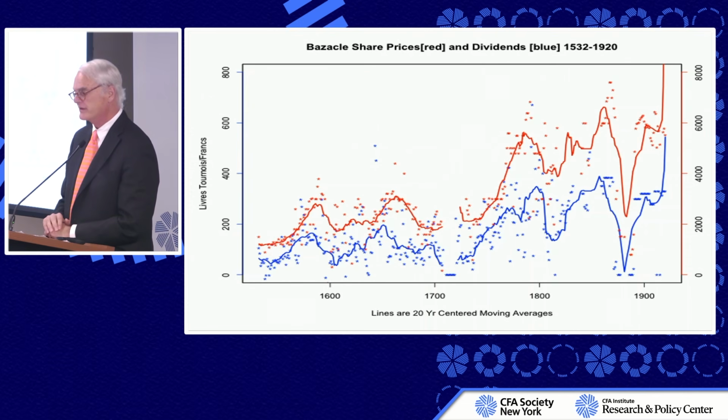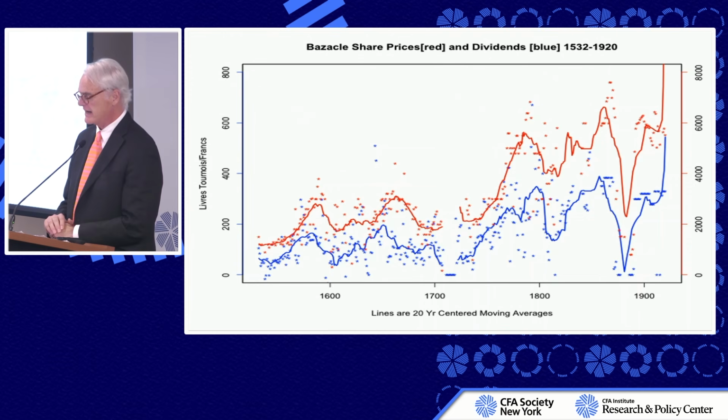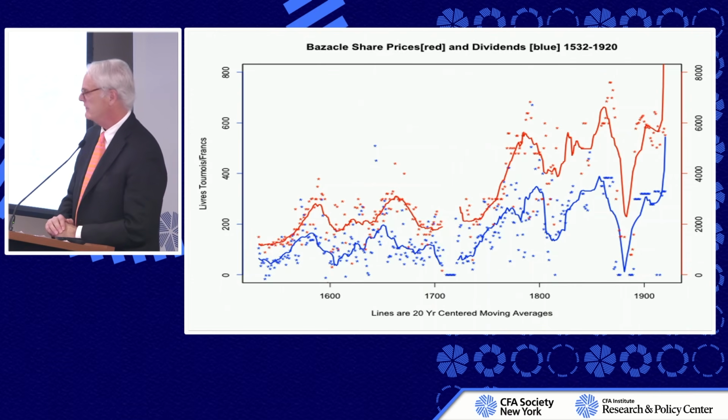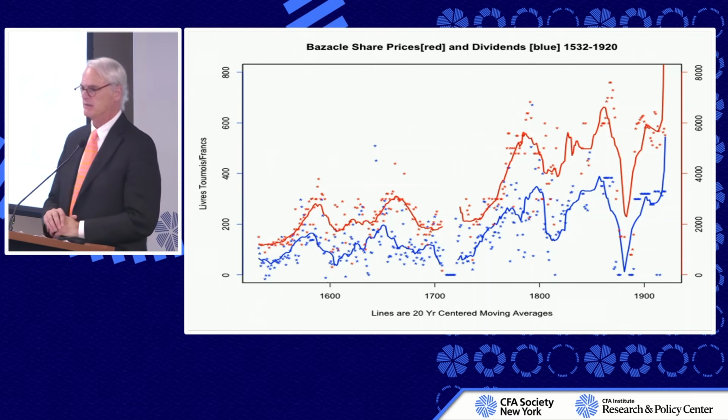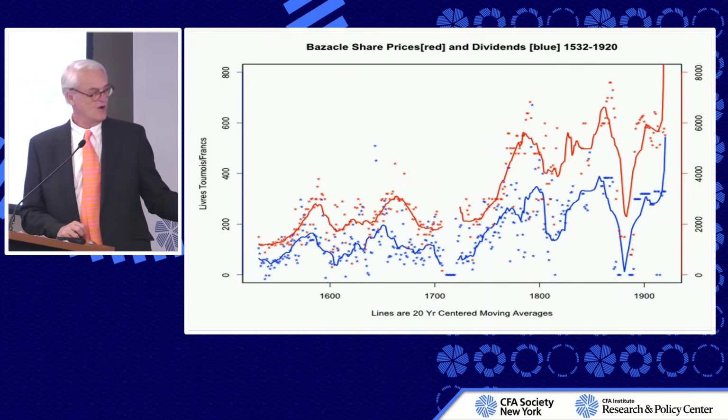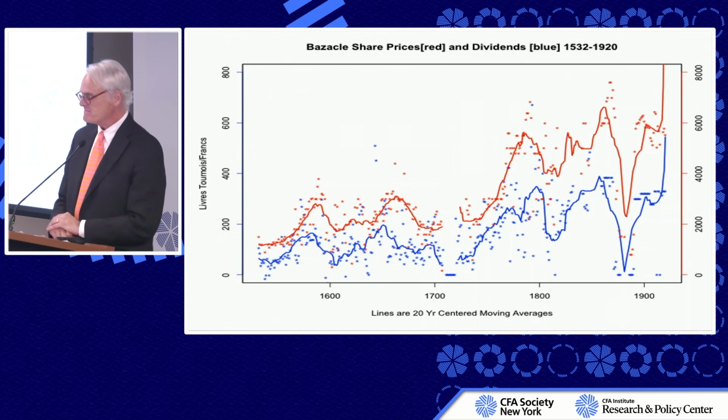But one of the things that's really interesting about it is when you run 20-year moving averages through the dividends and through the prices, you see a strong relationship. So, back to Bob, friend and co-author, but sometimes big disagreements as well with Bob.